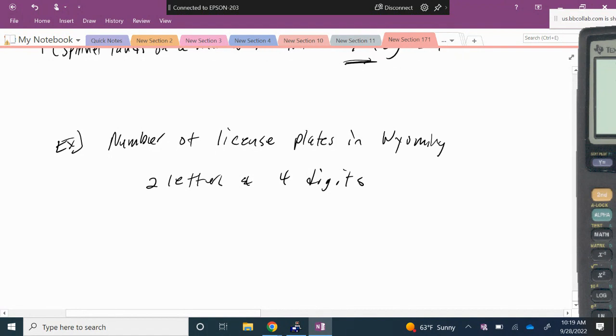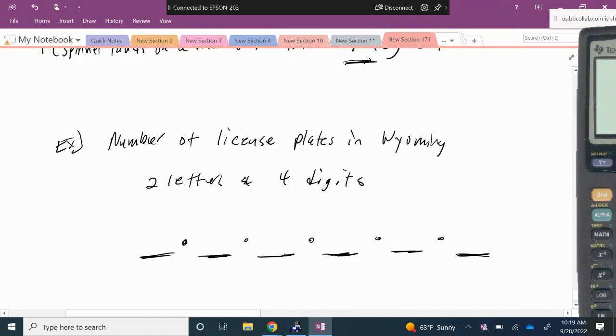So I'm going to map it out like this. The first character is a letter choice times the second character is a letter choice times 4 number choices. 1, 2, 3, 4.